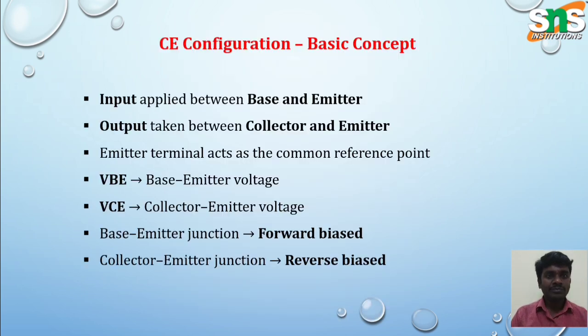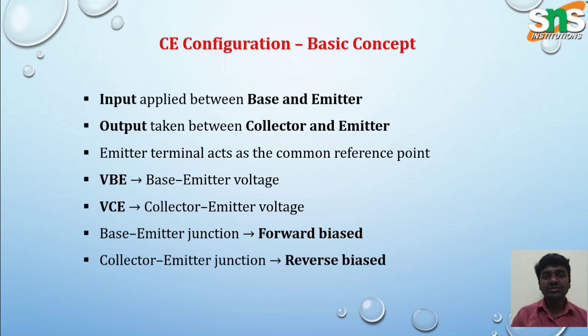Then output is taken between the collector and emitter. The emitter acts as the common reference point. VBE is the base emitter voltage and VCE is the collector emitter voltage. So these are the basic concepts.